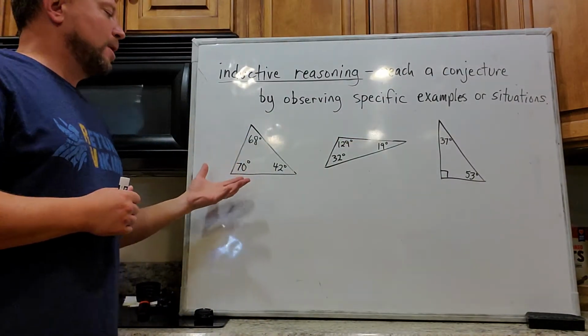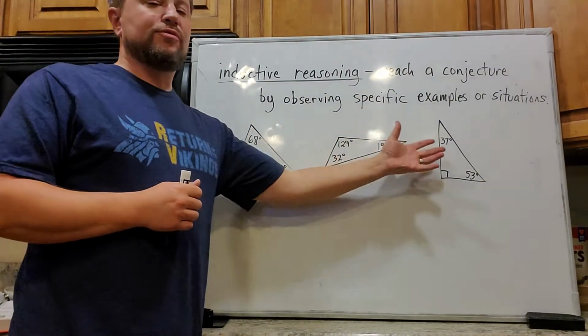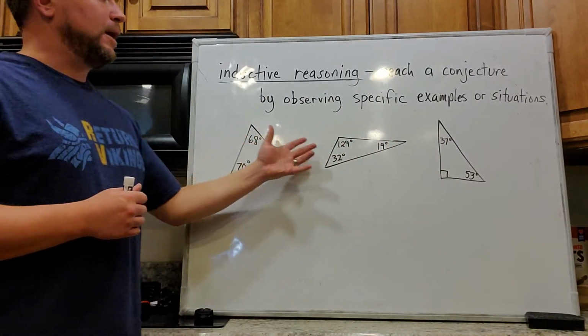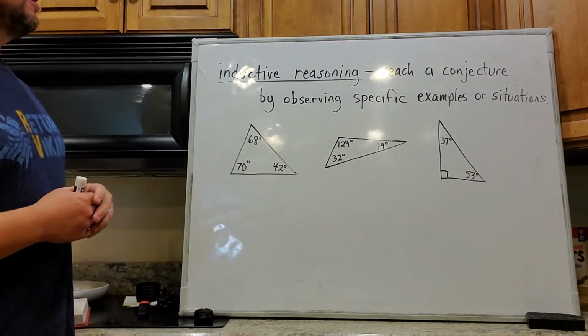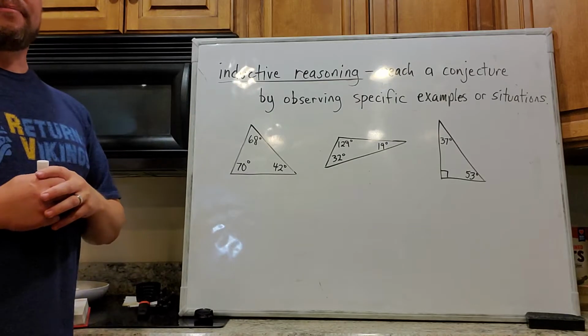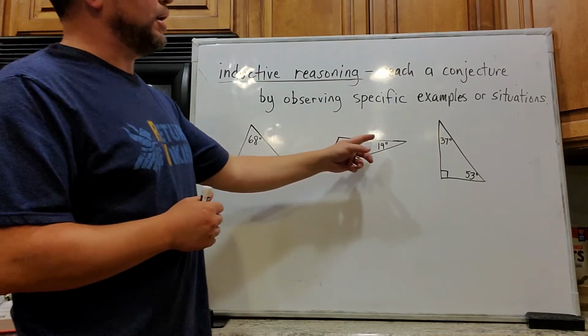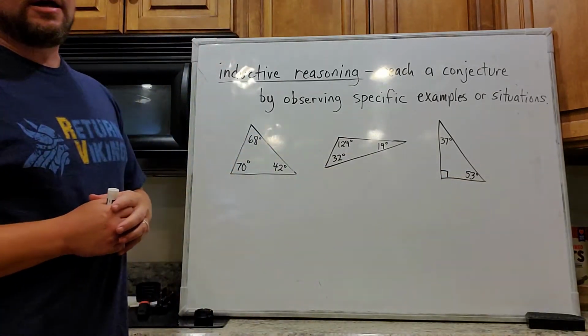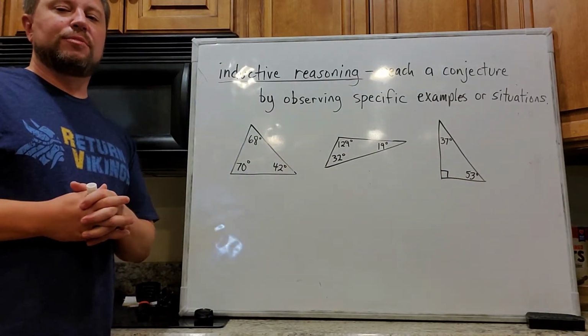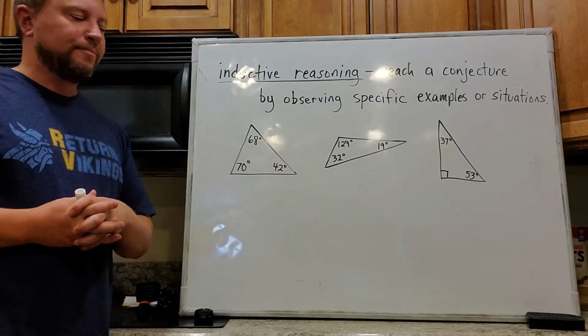Okay, so I've drawn some examples of triangles up here, and I want to show you an example of inductive reasoning. I look at the angles that I have marked in my triangles, and I'm going to see if I can reach some kind of conjecture here.